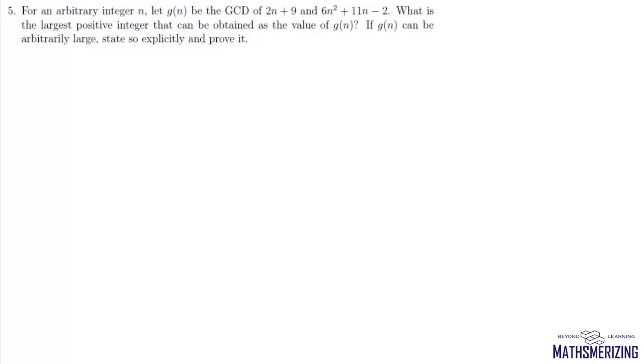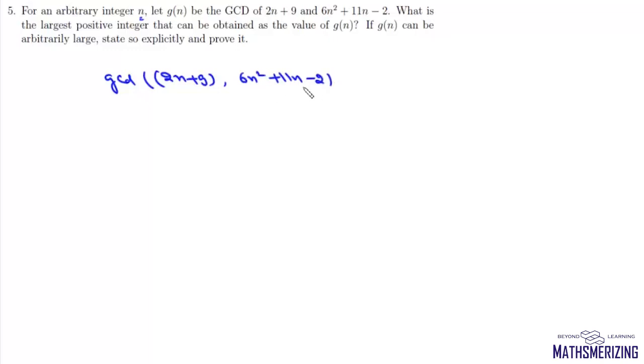Now question number 5 is, for an arbitrary integer n, let Gn be GCD of 2n plus 9 and 6n square plus 11n minus 2.